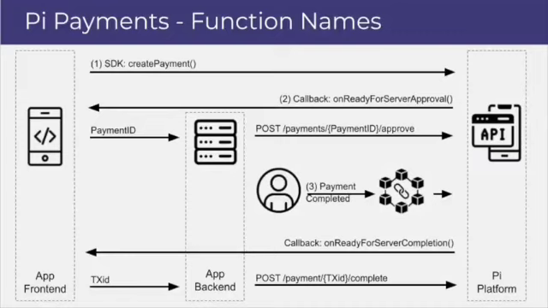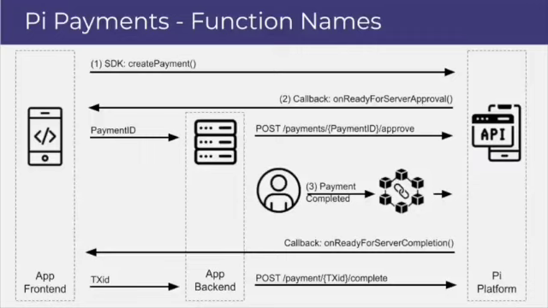The REST API endpoint that is used for this purpose is payment/payment ID/approve. And then the whole part where the user interaction is needed is completely out of the developer's plate.